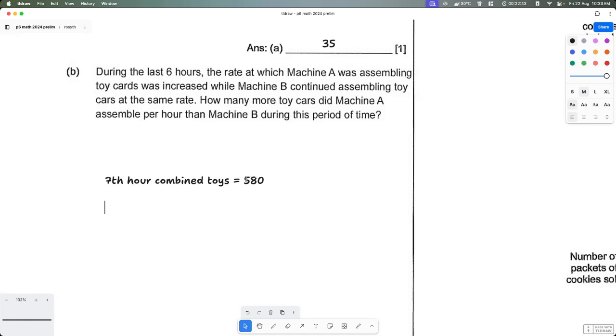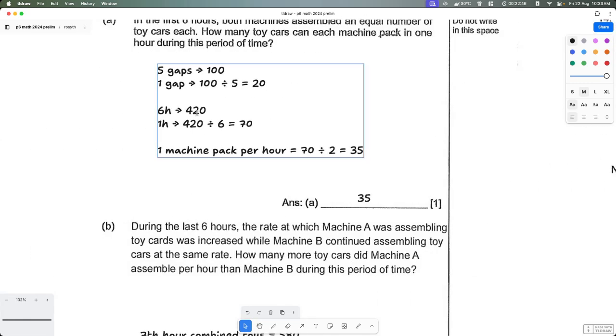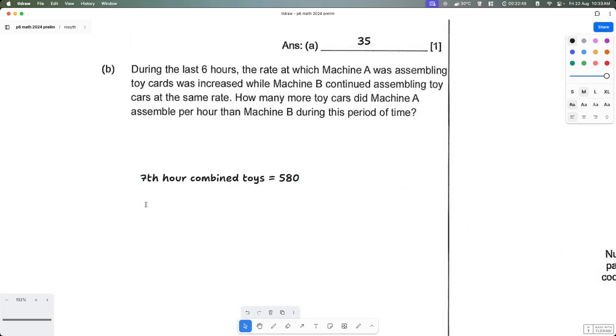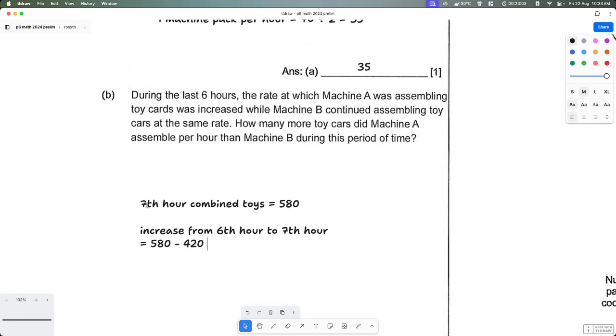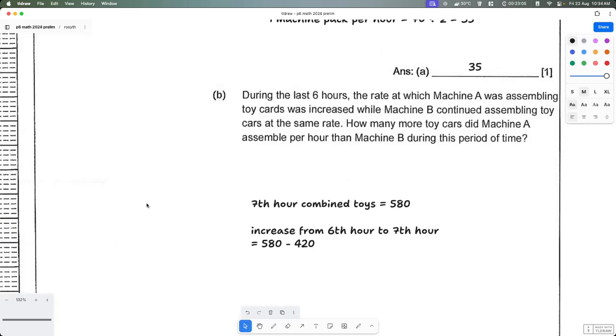So the increase from 6th hour to 7th hour is equal to 580 minus 420, which is 120. So the new combined rate is 120 toys per hour.